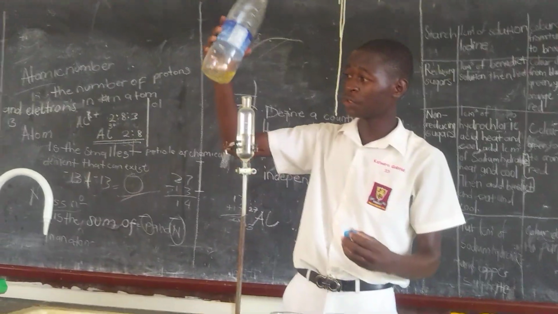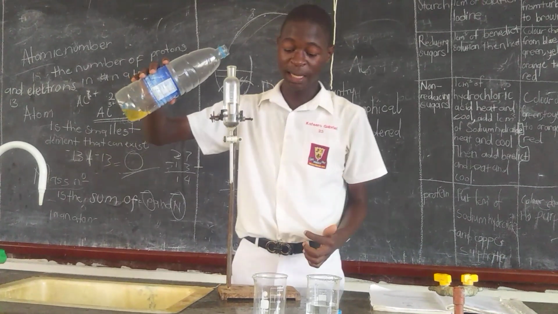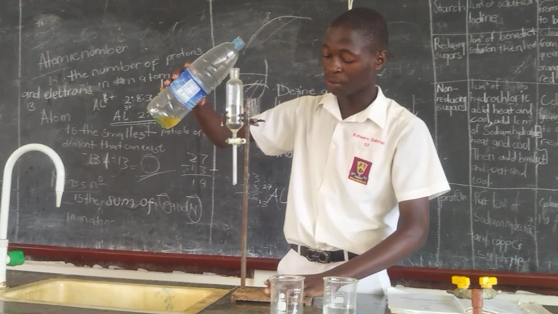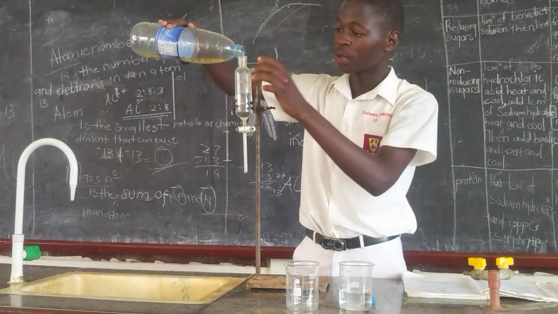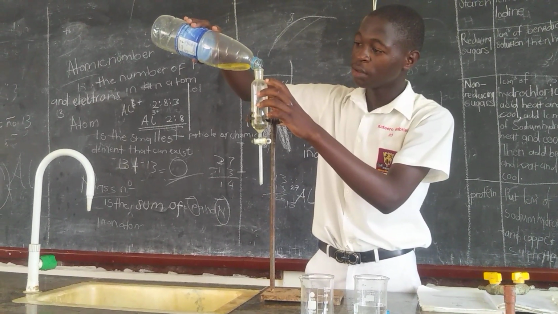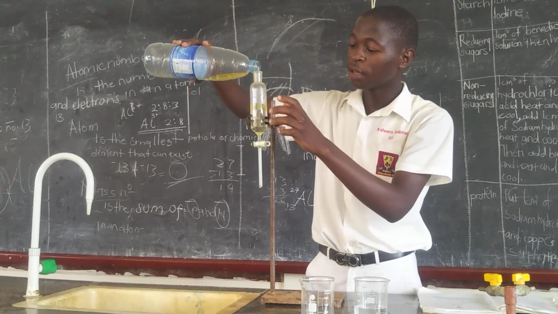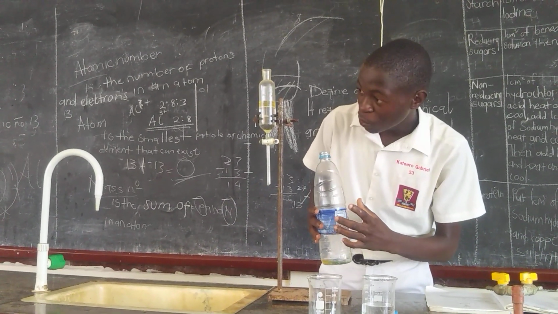So I'm going to get this small cooking oil and add it to the water provided so that I can see the result. I get this cooking oil and pour it gently. Yeah. As you can see here, there are two layers formed.